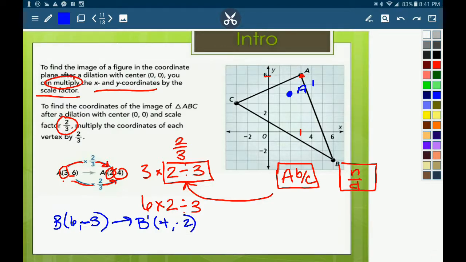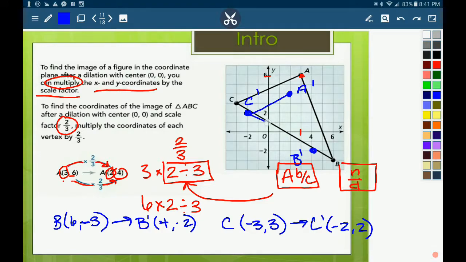So now I'm going to plot 4, -2 for B prime. Lastly, I have to find C. C is originally at -3, 3. Multiply both of those by 2/3. We get C prime equal to -2, 2, which is right there. So that's where C prime is going to be.